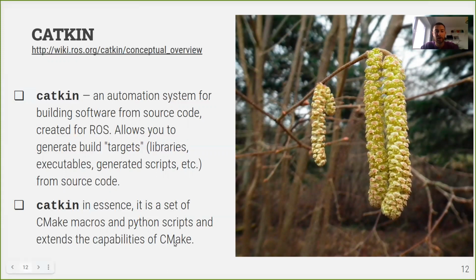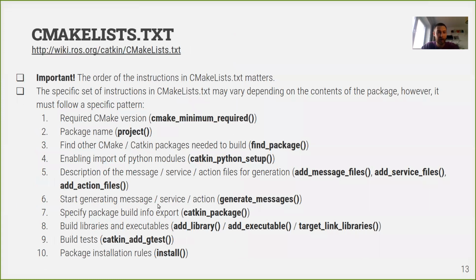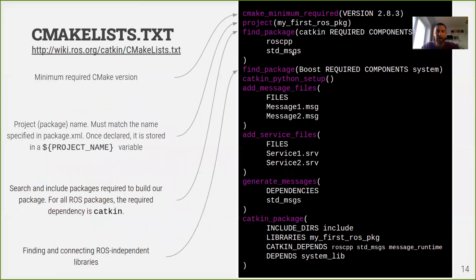In ROS, it works both for Python and for C++, which is really convenient. We have to use a single syntax within our CMake files to build any software we are writing in ROS. Then we discussed some particular commands within our CMakeList, and again, we will cover part of them today.